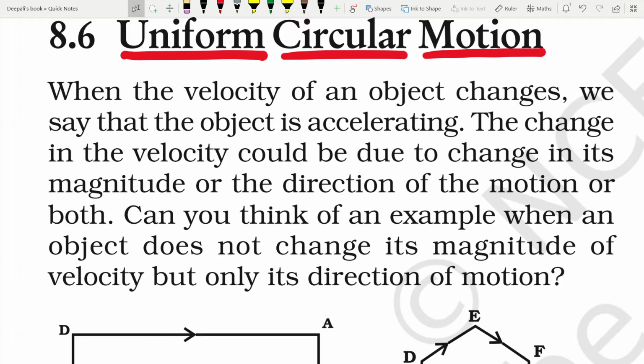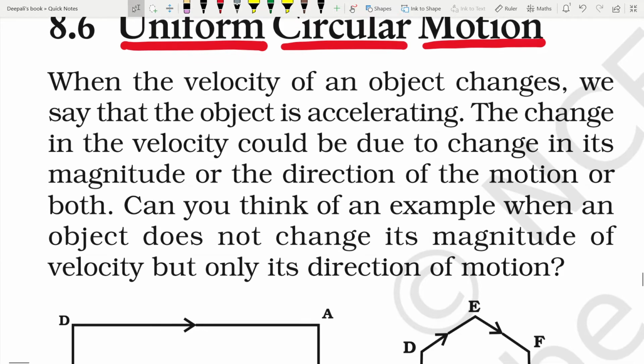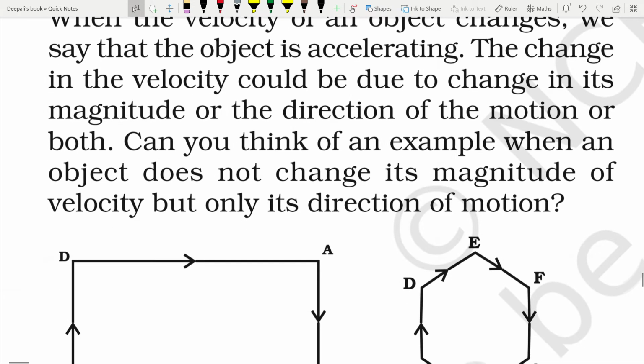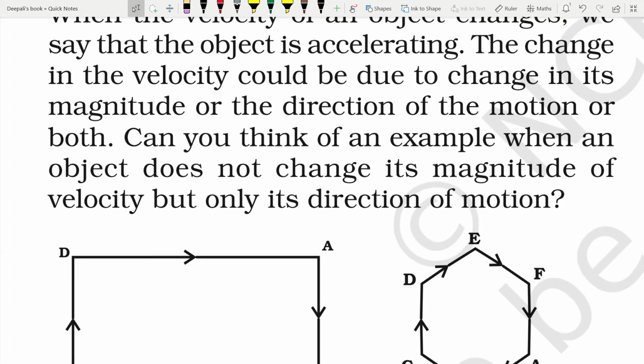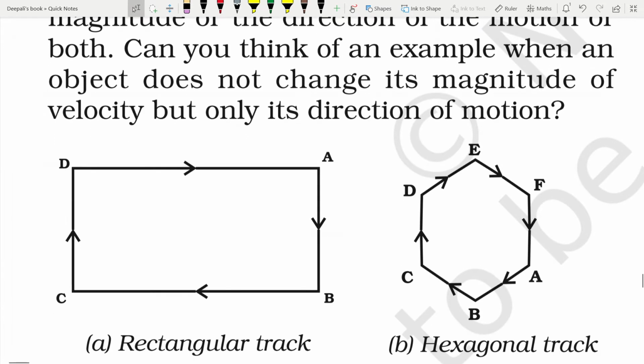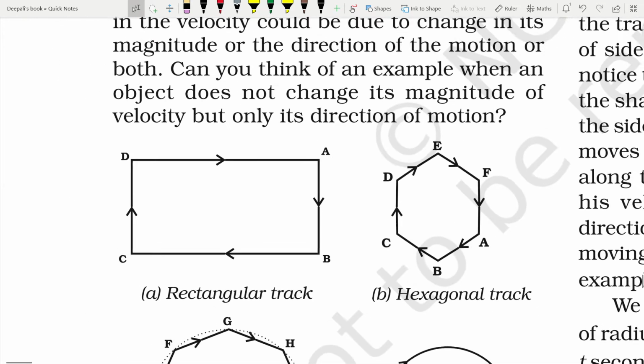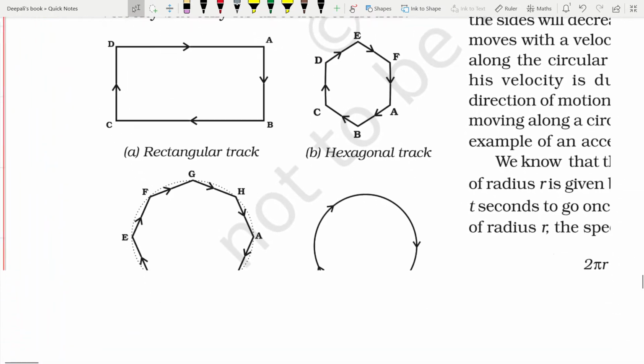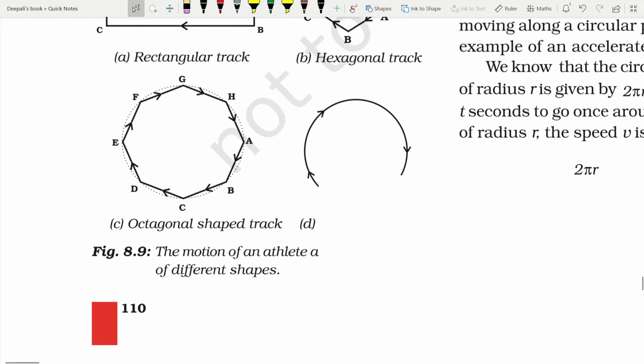We have already understood that acceleration is change in velocity, and the change in velocity could be due to its magnitude or its direction or both. Now, in this case, there is no change in magnitude and the direction is constantly changing. We take a rectangular path, a hexagonal path, an octagonal path, and a circular path.